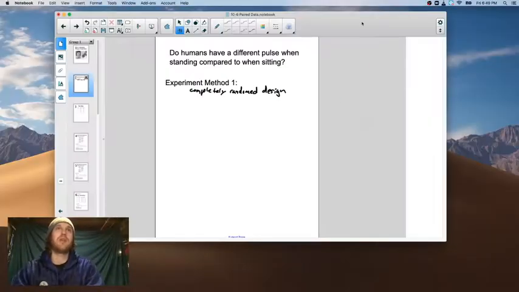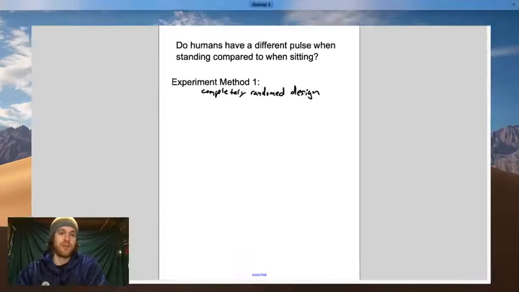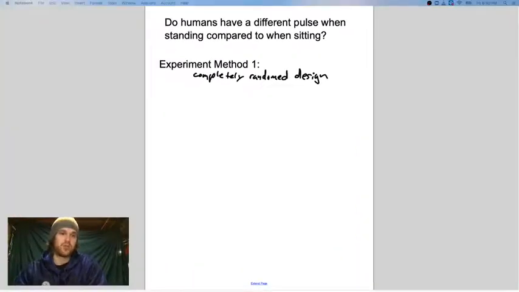In a completely randomized design, for an experiment, you have your two treatments, sitting and standing. You're going to randomly assign the treatment to each of the two groups. So let's go ahead and set that up. How are we going to do that? What's the best method for us to do that?